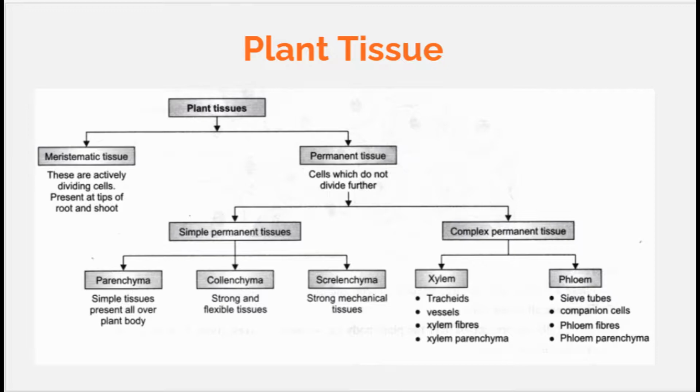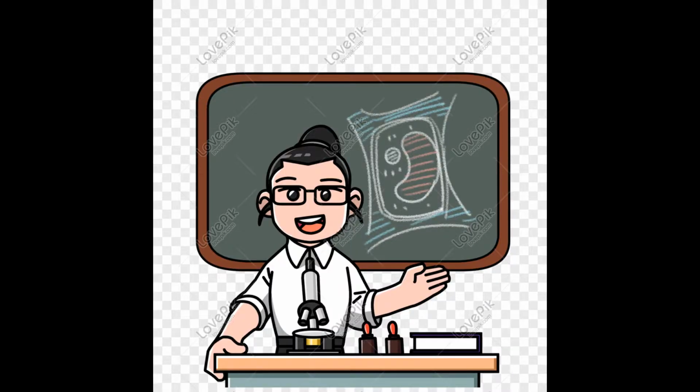If you go through the definition and the function, you can easily find out the difference between these tissues. So keep a watch on the first video, the introductory video on tissue, so that you can understand the definition of tissue, and afterwards you can understand the types through this video.